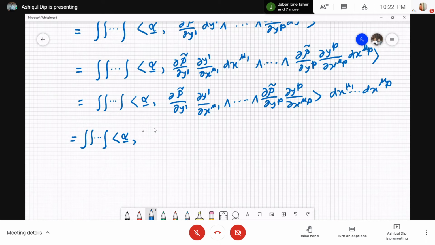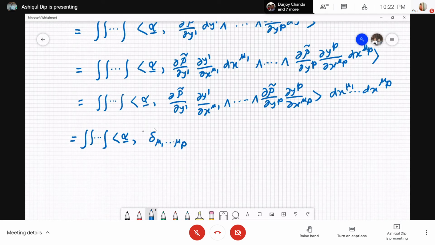When I switch these two indices, like mu1 and mu2, that gives me a minus sign. So I can add a Kronecker delta with lower indices mu1 up to mu p, and I have p summed over.